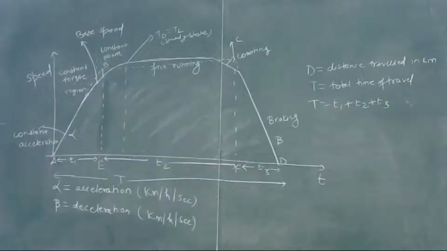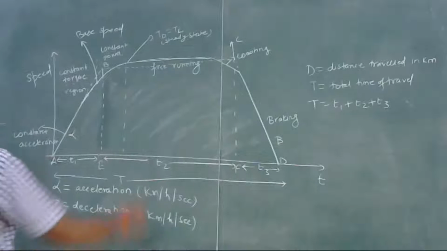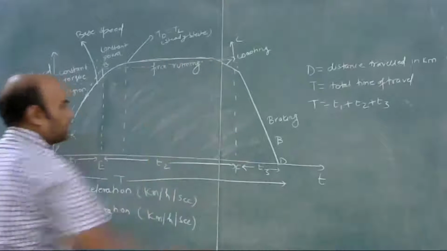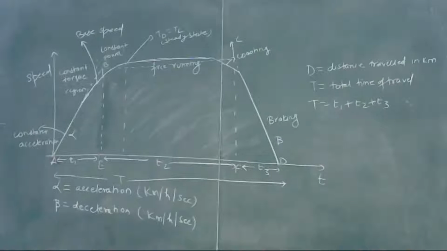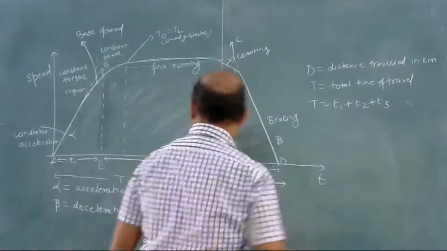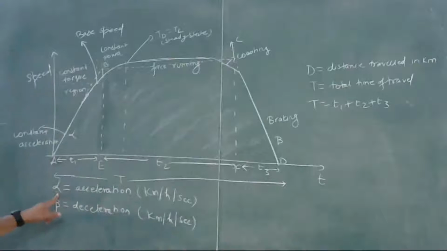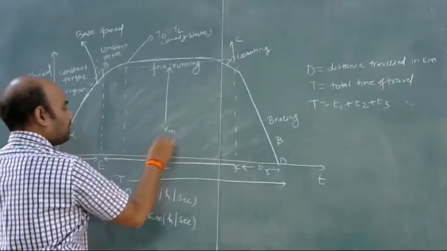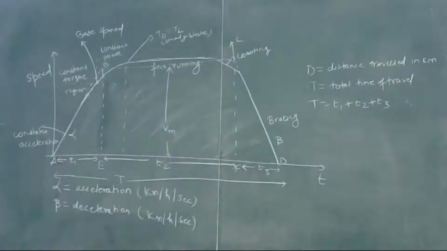So now we have to find the area under this curve, and this will be the area within this curve. Okay, so first we will find T1 and T3. Okay, so this we have what we assumed. This is alpha, and let's suppose this Vm is the maximum velocity.